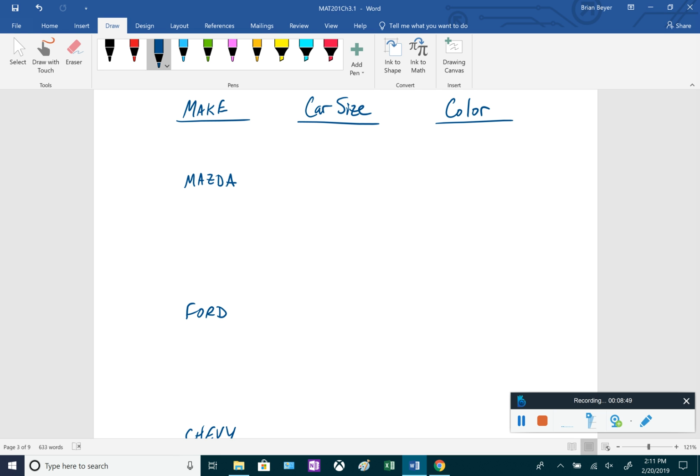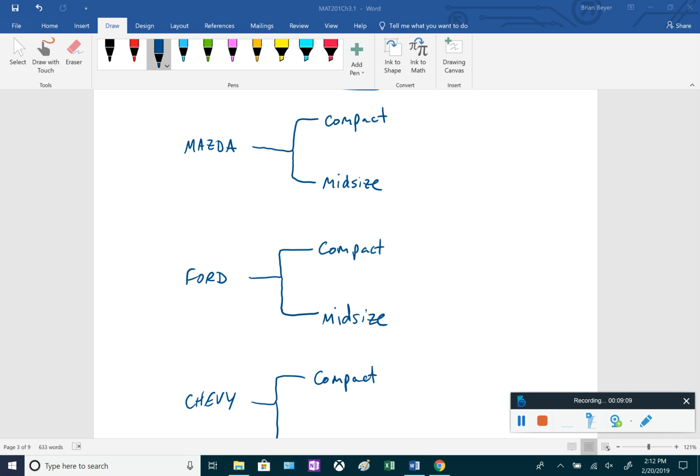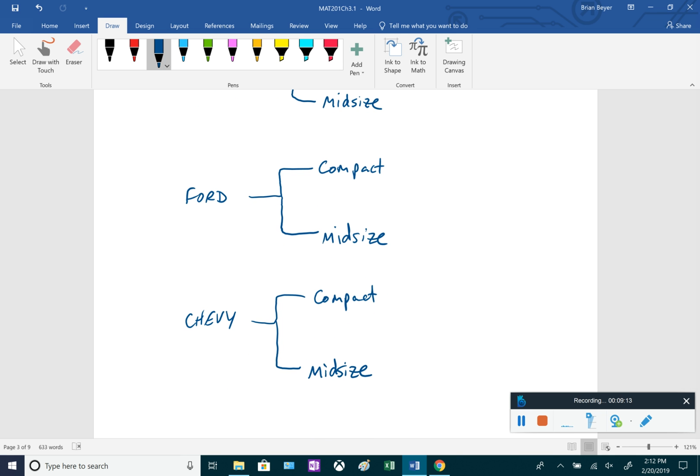I'm going to give each one of these makes one of those car sizes. So we can either have compact and midsize. So I'm just going to fill in the other ones real quick also. So now Ford and Chevy both have compact and midsize branches coming off of them.